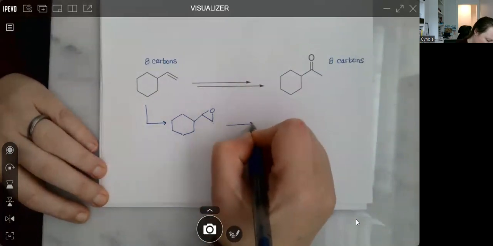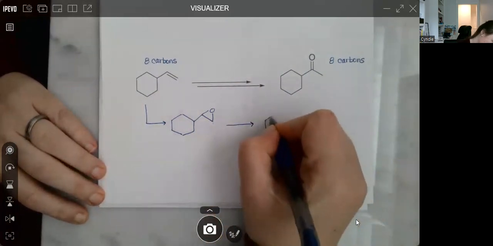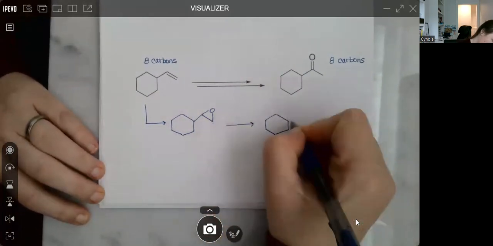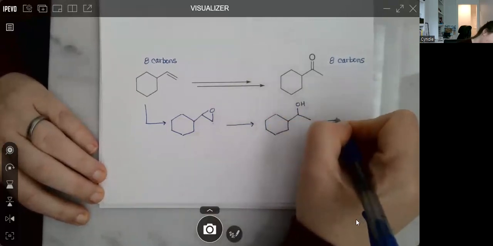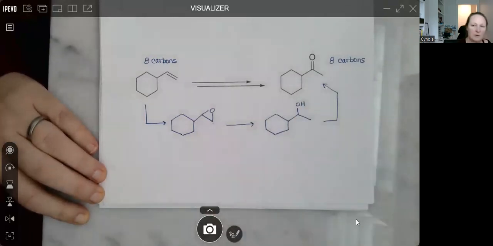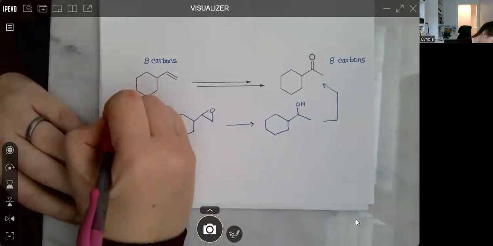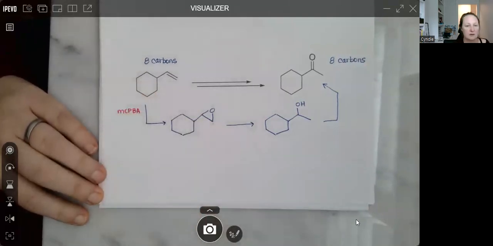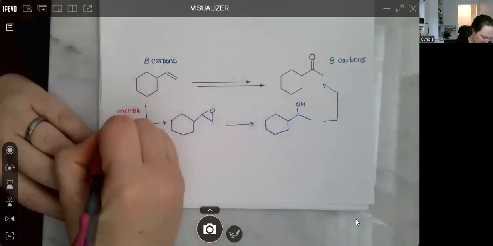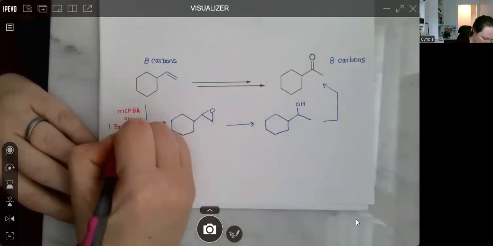And then again, LAH will react with this epoxide to form a secondary alcohol, which we can then oxidize to the ketone.